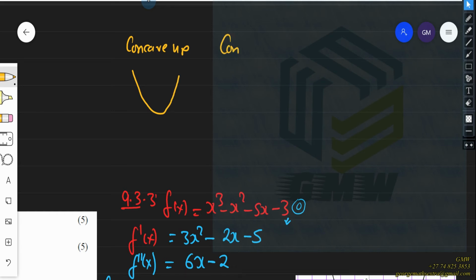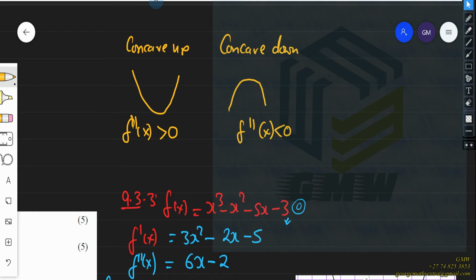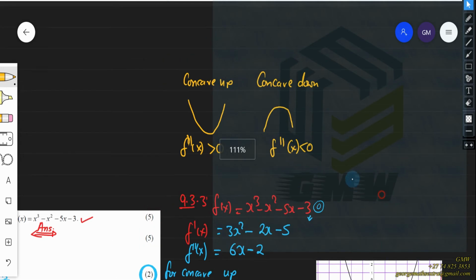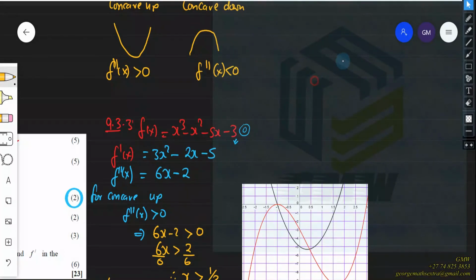Then for concave down, the graph looks like this. For concave up, the second derivative is greater than 0, and here the second derivative is less than 0. So this is how this question was supposed to be answered.